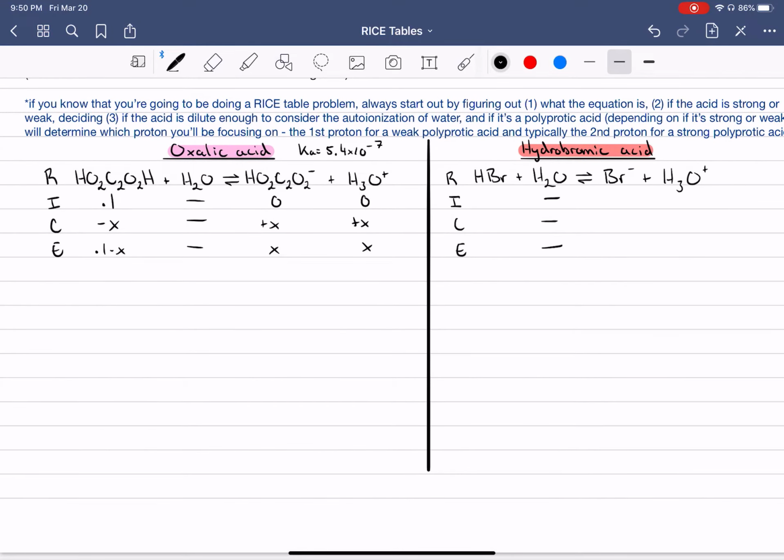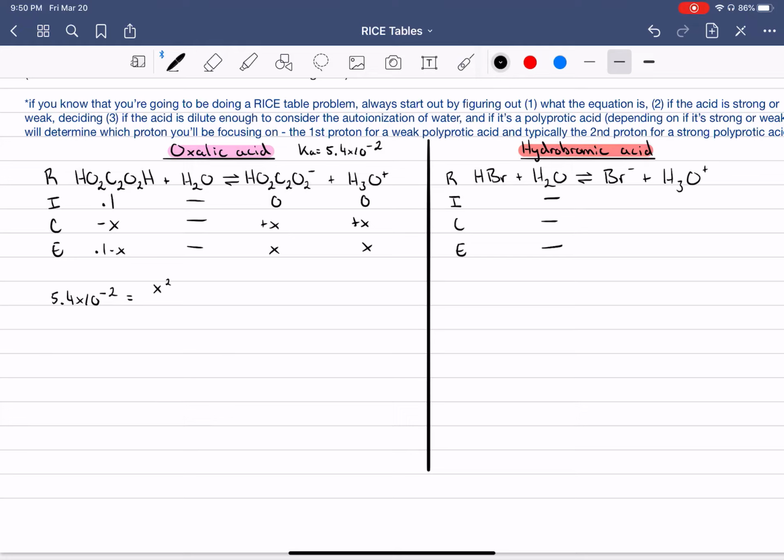So right now I know that I'm going to set up and solve for X. So I get my Ka value, which is 5.4 times 10 to the negative 7th, sorry, equals products over reactants, right?